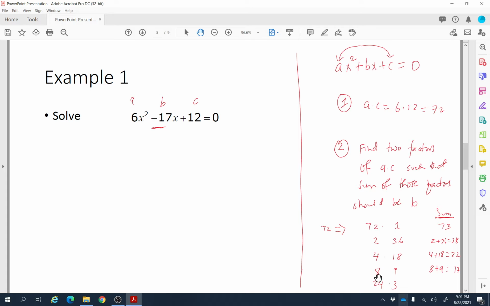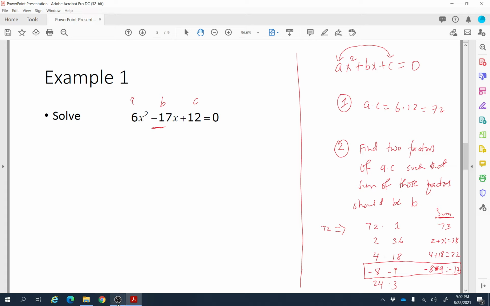So instead of using positive 8 and positive 9, if we use negative 8 and negative 9, which is also a possibility, because negative 8 times negative 9 is also positive 72. And if I find the sum of negative 8 and negative 9, I'm going to get negative 17. So that's why those two factors for us here are negative 8 and negative 9.